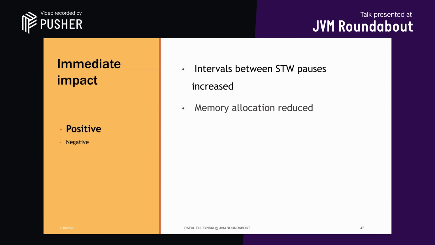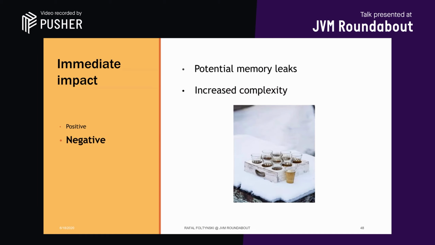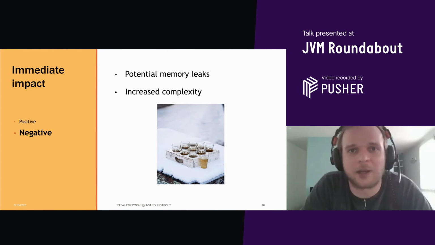So the immediate impact was that the interval between stop-the-world pauses drastically increased, and memory allocation got reduced a lot. The negative impact was the increased complexity of the code, and this is the thing that we as developers have to worry about a lot, because the more complex the code is, the less maintainable it is.